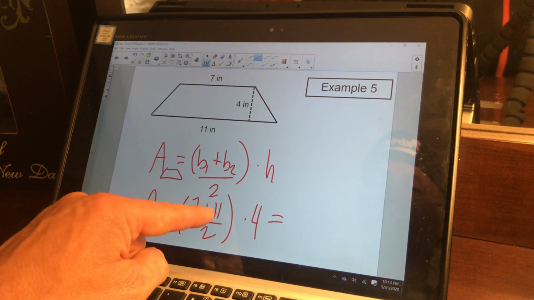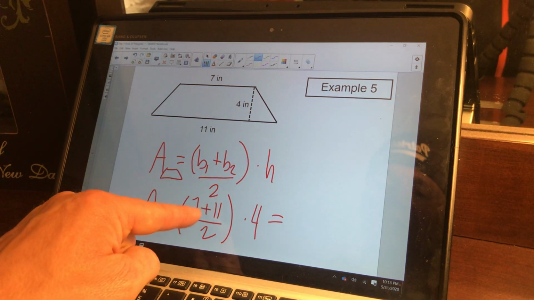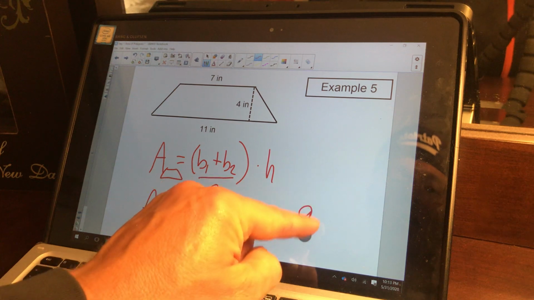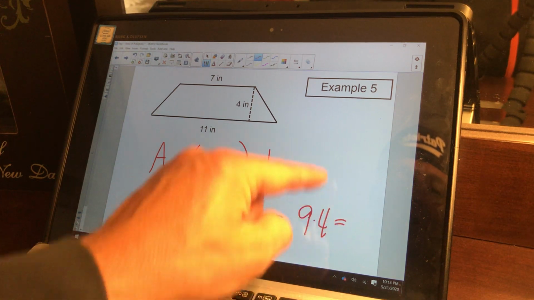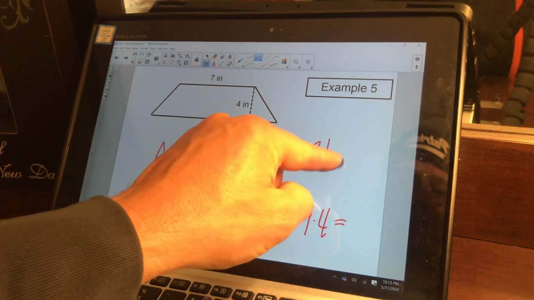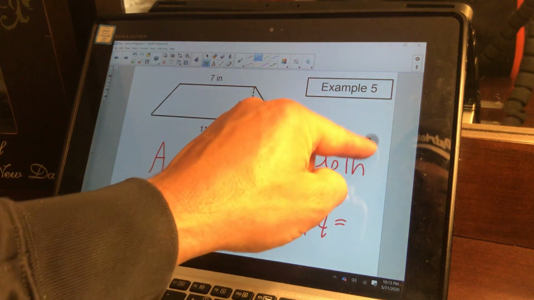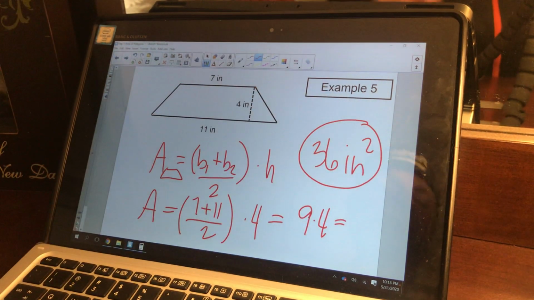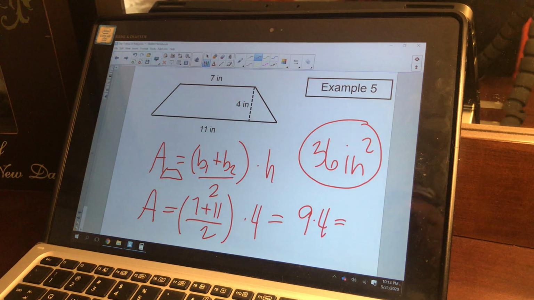7 plus 11 is 18. 18 divided by 2 is 9. 9 times 4 is 36, and it's inches squared. Let me review that one more time. Hopefully you finish writing it down, and then you can just listen this time.